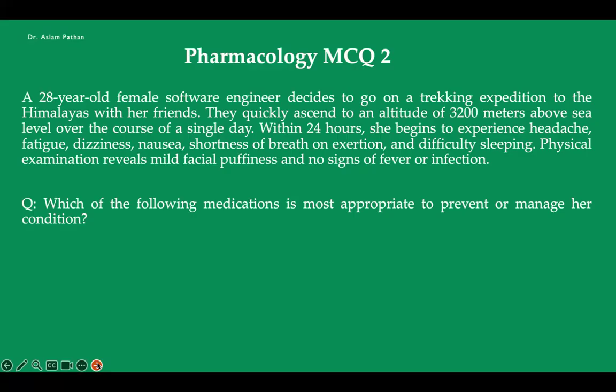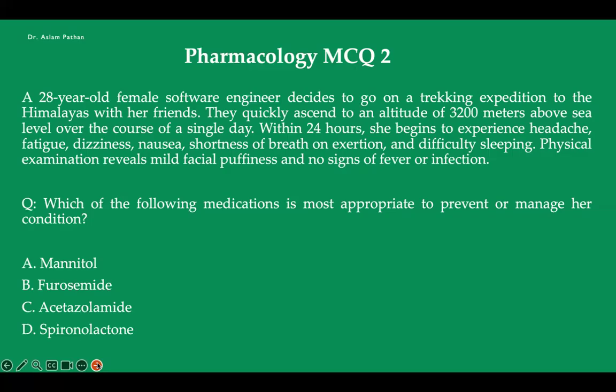There are 5 options. The first one is mannitol, which is an osmotic diuretic. Next is furosemide, which is a loop diuretic. Third one is acetazolamide, which is a carbonic anhydrase inhibitor diuretic.